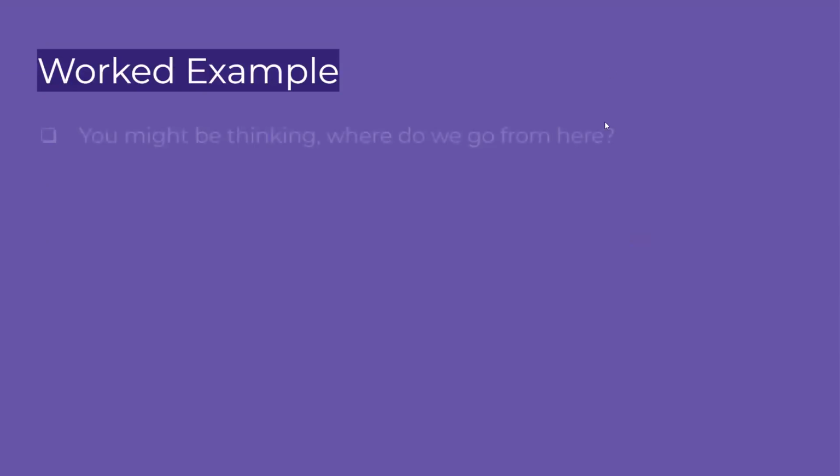You might be thinking, where do we go from here? We've learned about APIs, how we might communicate with a server in a way that we don't really need to know how the server works. And that's great. We learned about the request types that we could send to this API or server.